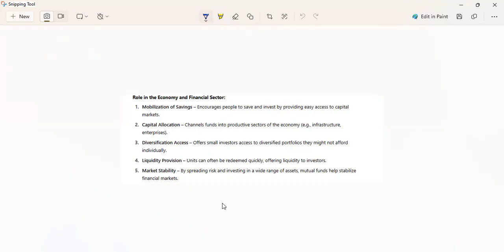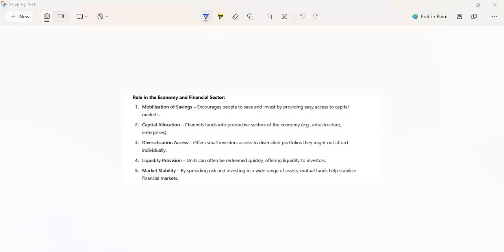It offers small investors access to diversified portfolios that they might not afford as individuals. On liquidity, units can be redeemed quickly. On market stability, it helps to spread risk by investing in a wide range of assets. So that is the role they play in the financial sector.